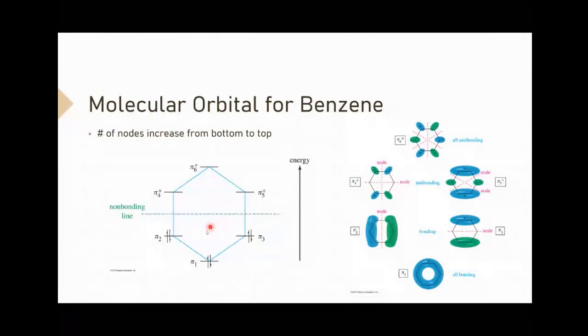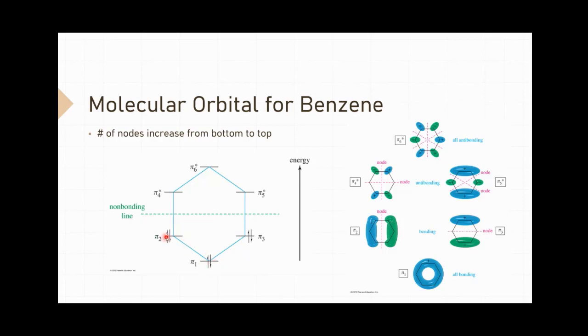So looking at benzene, we make sure the vertex is at the bottom, and then we draw the rest of the shape. And each vertex, you could say that it's an individual molecular orbital. So since we have 6 pi electrons on the benzene ring, I would start from the bottom with the arrows.